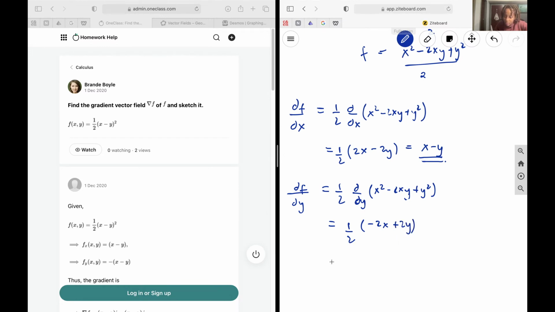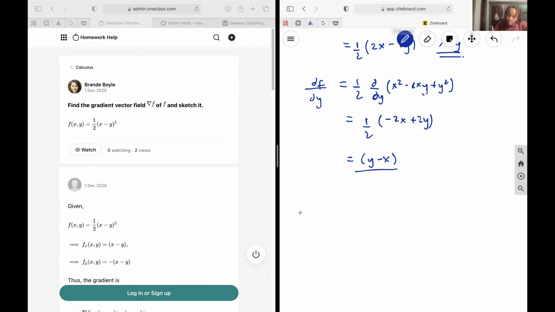Then I'm going to cancel out the 2s, and this will leave me with y minus x. So the gradient of my potential is going to be x minus y in the i component and y minus x in the j component. And this is going to be my final answer.